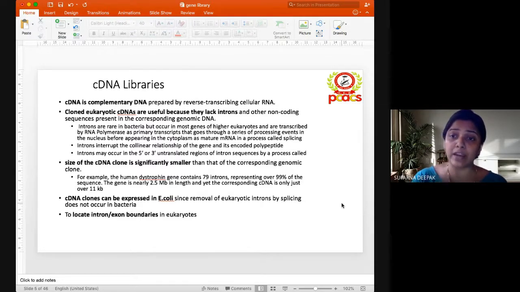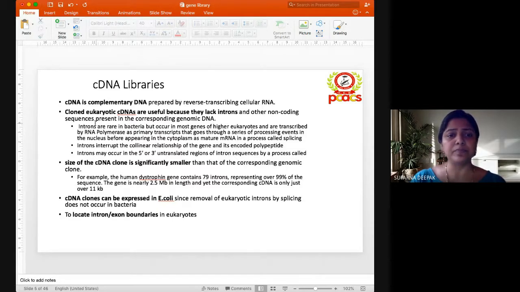If you want to directly use any of the genes for expression, you can go for your cDNA, because most prokaryotes don't have any kind of splicing mechanism. If exons and introns are both present in the gene, they are not able to identify it, and neither will they be able to cut out the exons. So in that case, we always prefer to go for cDNA for cloning experiments.